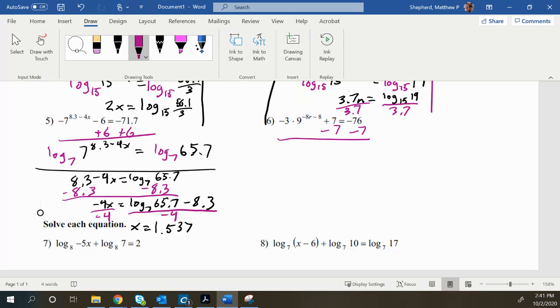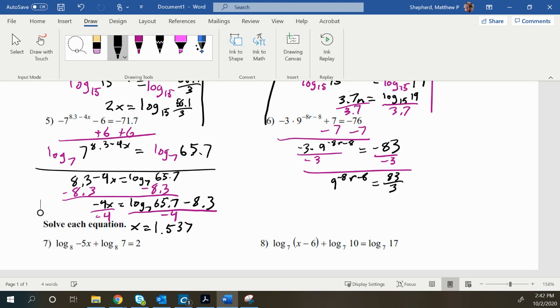All right, -7 from both sides. We're left with -9. -3 times 9 to the power of -8r minus 8 is equal to -83. Divide by -3. And now we've got our base and exponent alone.